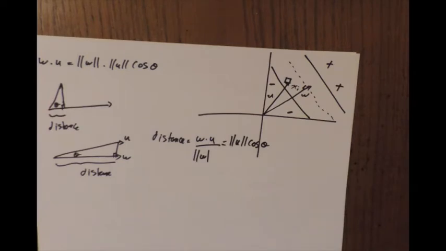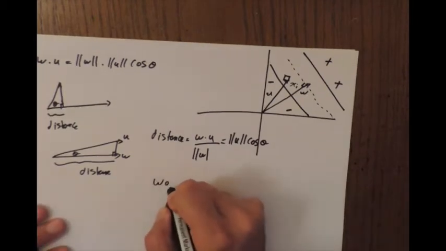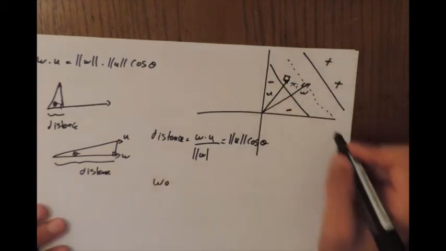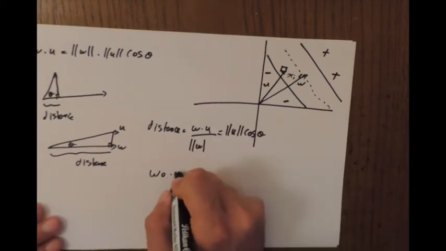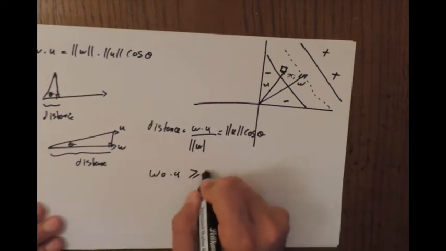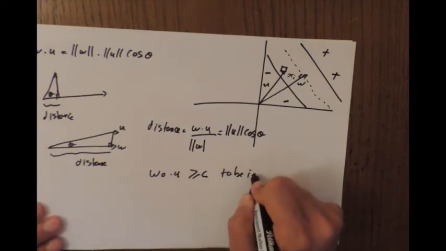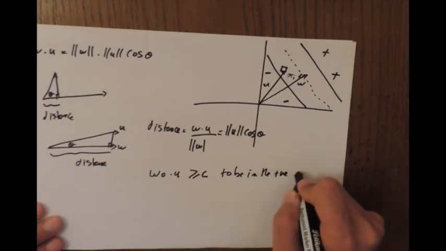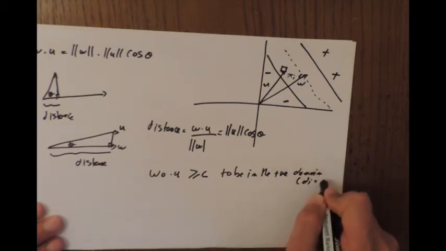To further elaborate, we can say W0, which is the optimal hyperplane, times U is greater or equal to C to be in the positive domain, or in this case di equal plus 1.